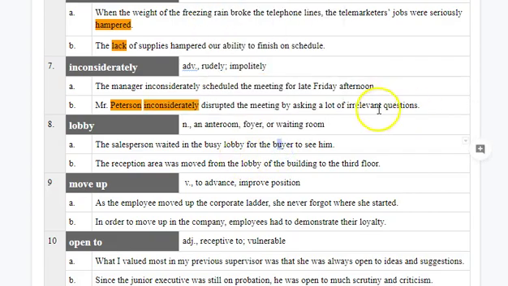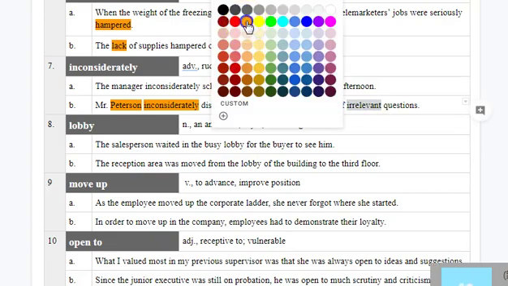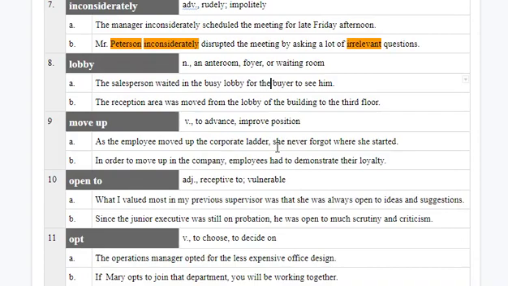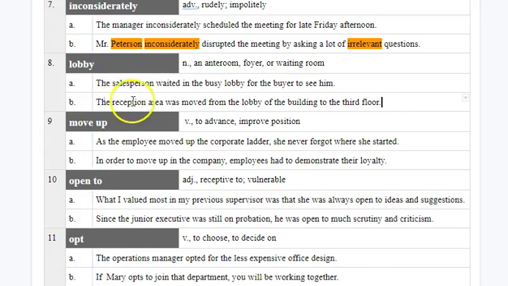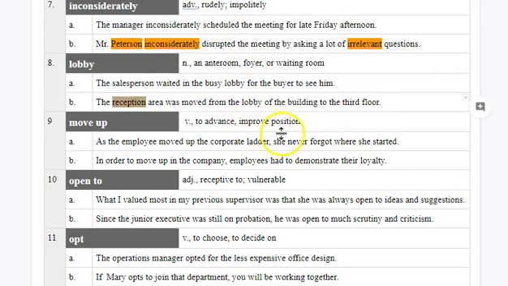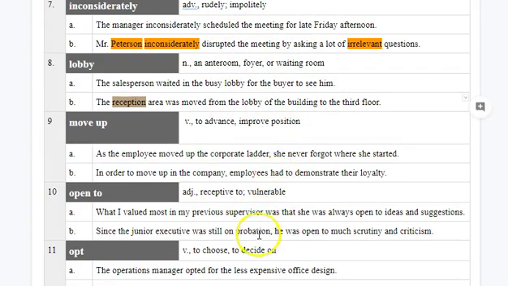Lobby, now, an anteroom, foyer, or waiting room. The salesperson waited in the busy lobby for the buyer to see him. The reception area was moved from the lobby of the building to the third floor.